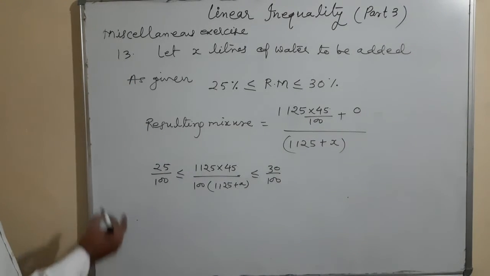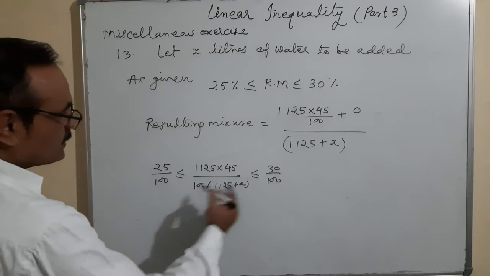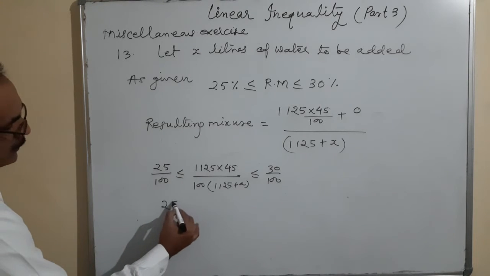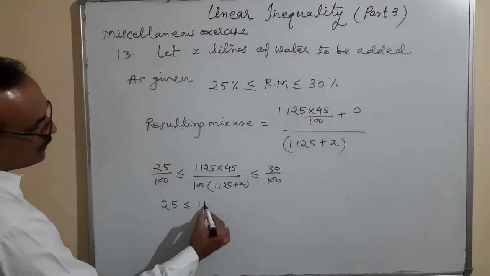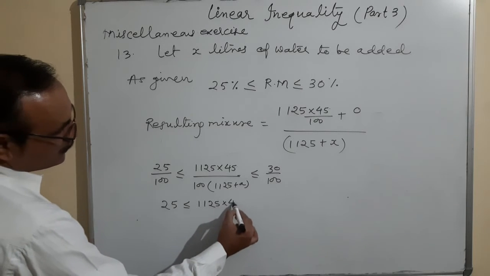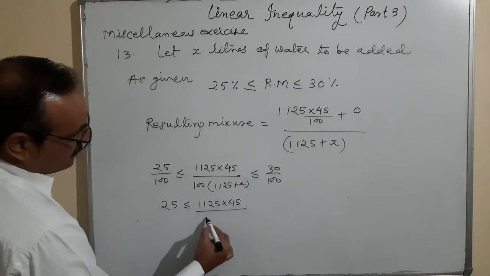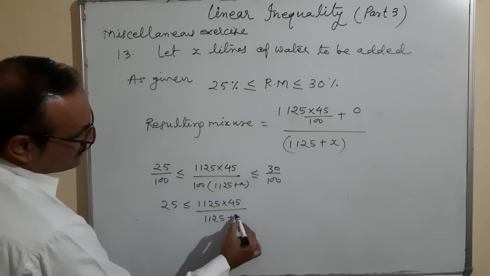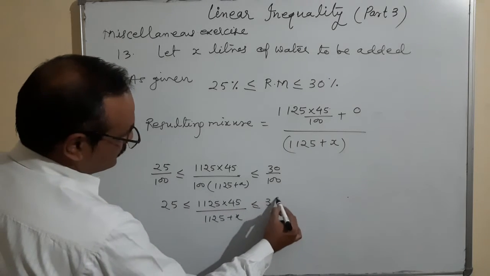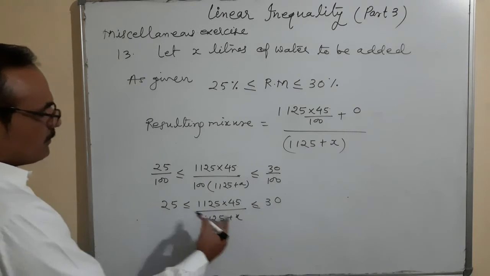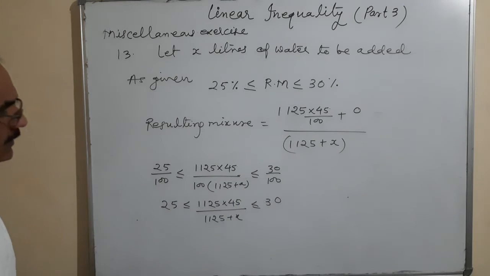Is it okay? First we'll multiply by 100 so that these 100 will cancel. 25 is less or equal to 1125 into 45 upon 1125 plus X is less or equal to 30. 1125 plus X will be multiplied everywhere.